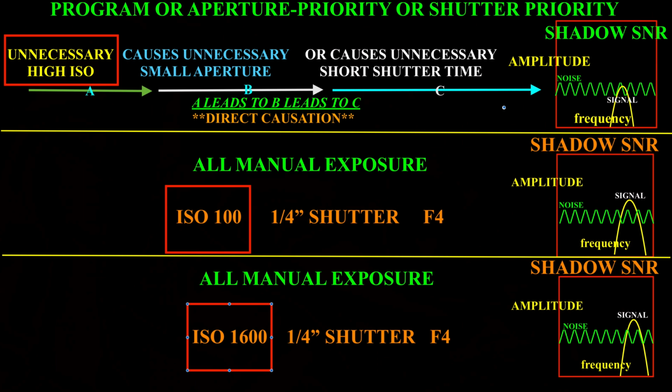So, on the first level, or the top tier here, we're looking at 3 different scenarios. Either program, i.e. completely automatic, which most people are not shooting in, at least I hope not, aperture priority, or shutter priority. It doesn't matter which one of these 3 that you're using, but these 3 encompass about 99.99% of everybody's professional cameras, whether that be a cheap camera or something with a detachable lens, right?